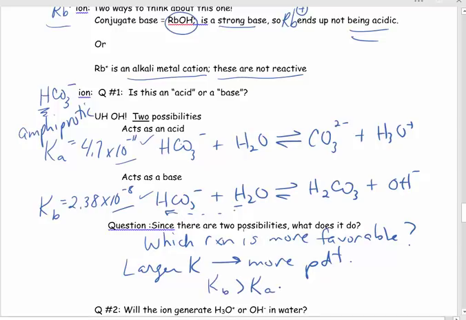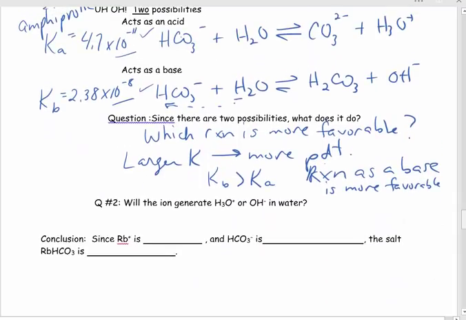Kb is bigger than Ka, and so therefore the reaction as a base is more favorable. And so that's the one that will happen to the greater degree. And so the reaction will generate OH- in water, okay, because it's going to act as a base.